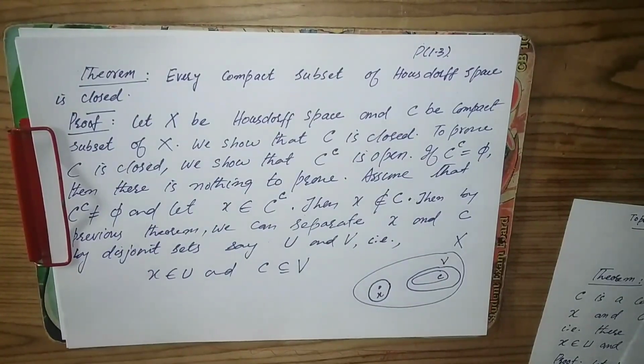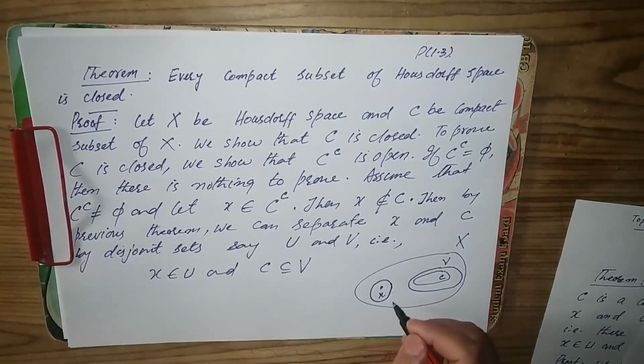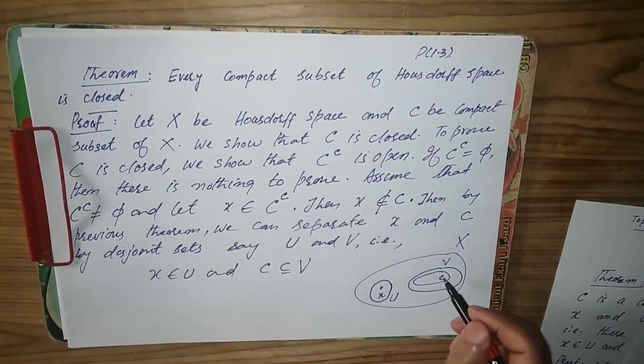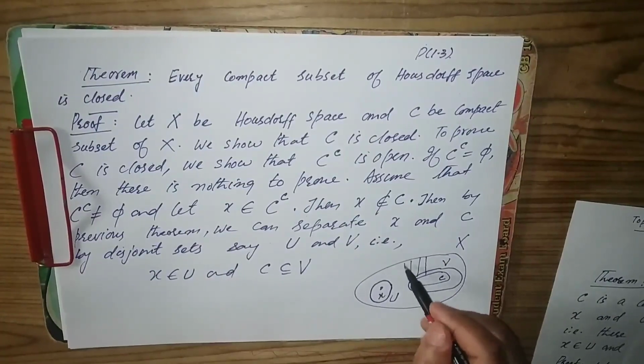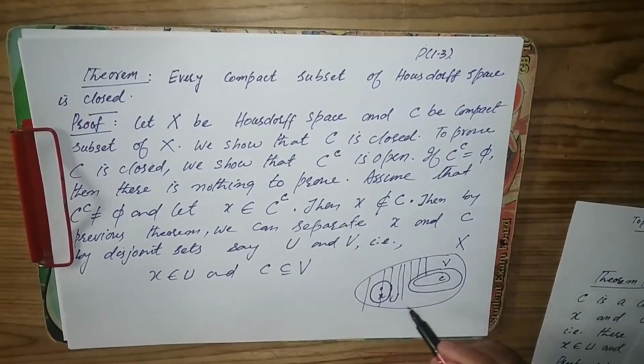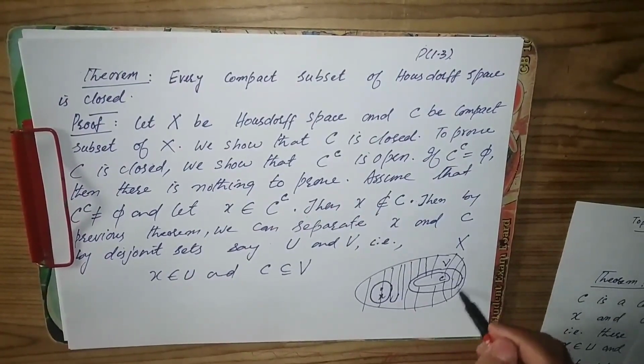From this you can see that that's your U. You can see that C complement is this whole shaded region.